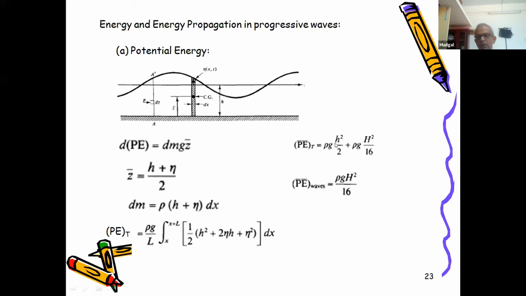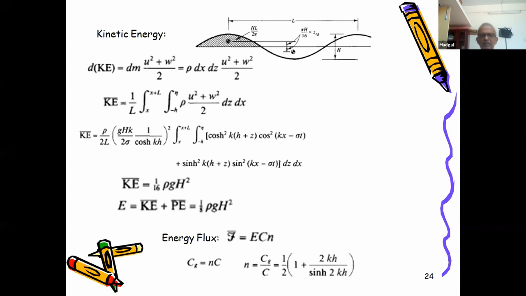So this rho g h square by 2 is nothing but the static pressure energy, and this other term is the potential energy due to the wave. So this potential energy due to the wave is nothing but rho g H square by 16. Similarly, we can find out the kinetic energy. And how do you get the kinetic energy?